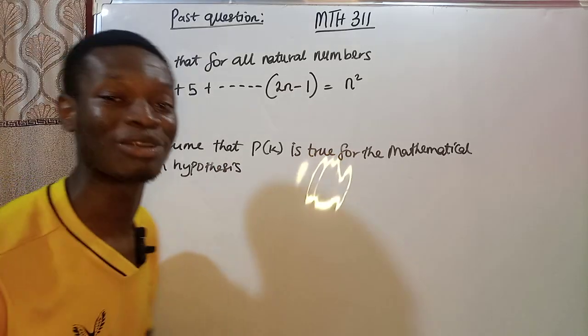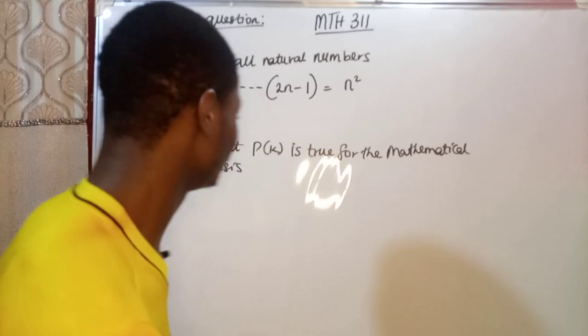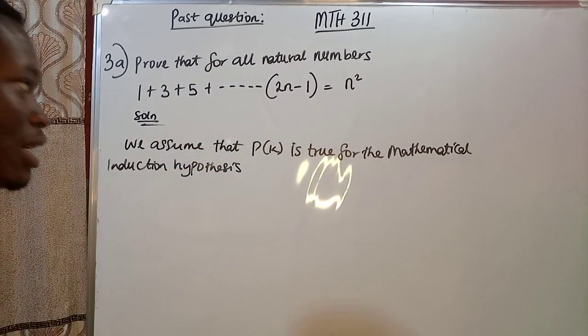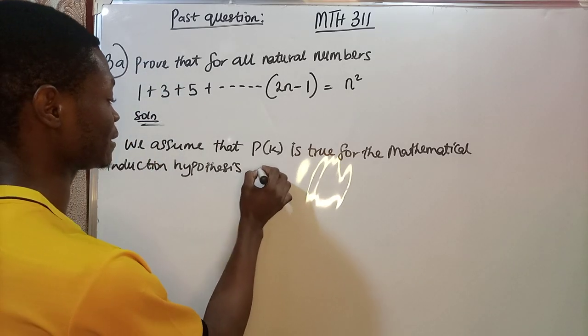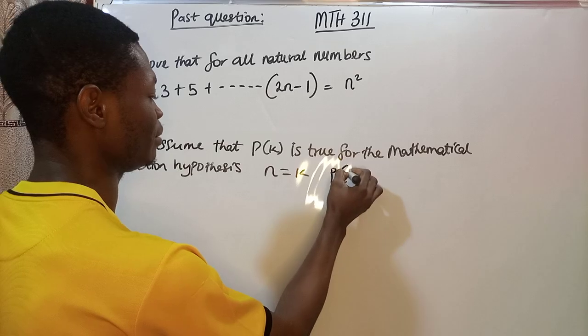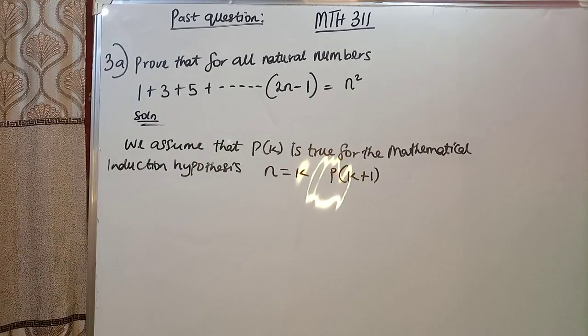We are going to prove another thing. All this thing is just what? Proving. I'm tired though. We assume that P of K is true for the mathematical induction hypothesis. So we write n is equal to K. And P parenthesis K plus 1. This is the what? The formula.